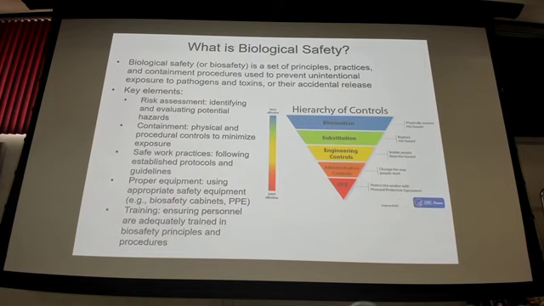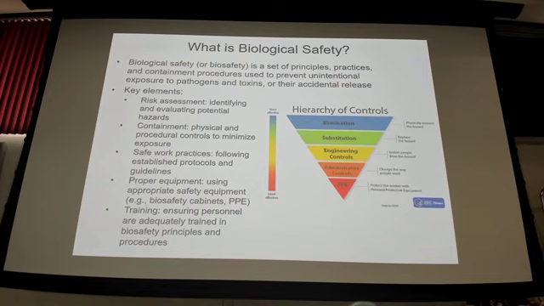So, all that to say, biosafety is kind of a topic that's near and dear to my heart. I think most of us who have worked in a lab before have stories about the time we were working with insert your pathogen of interest and you almost got killed because you didn't realize it was not a vaccine strain or something like that. I mean, lots of crazy stuff happens.